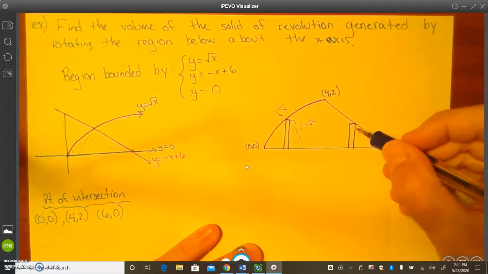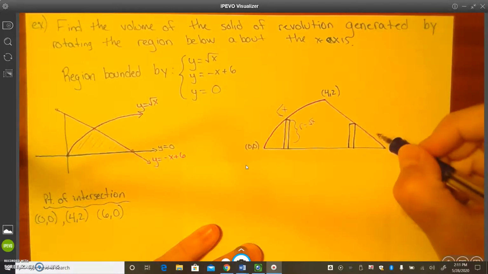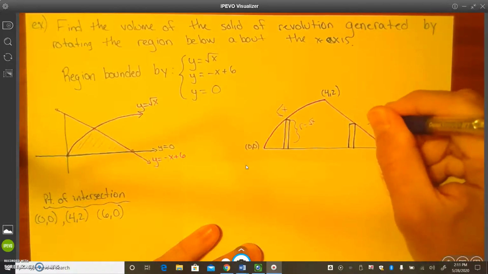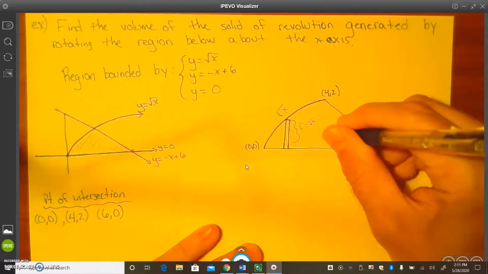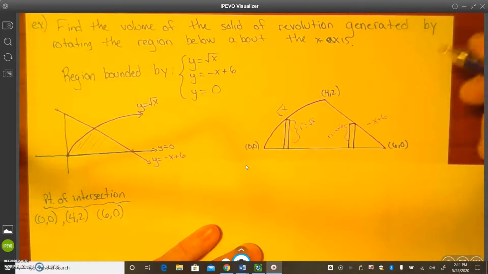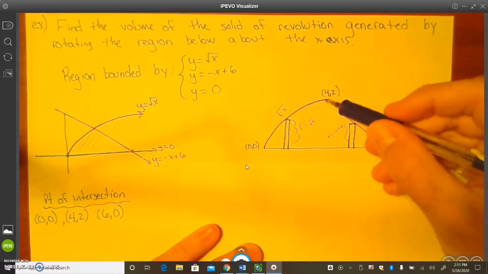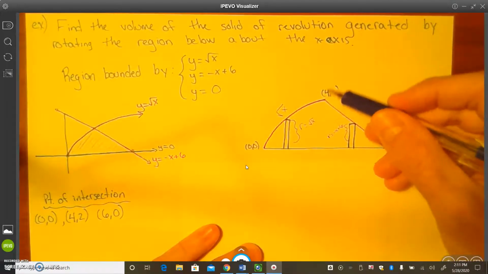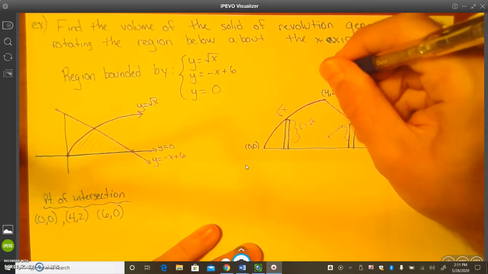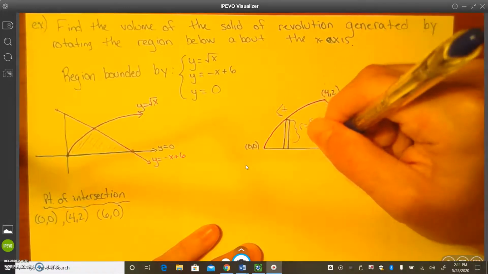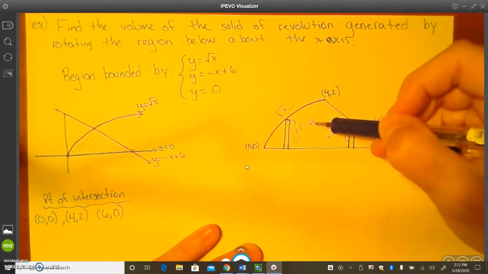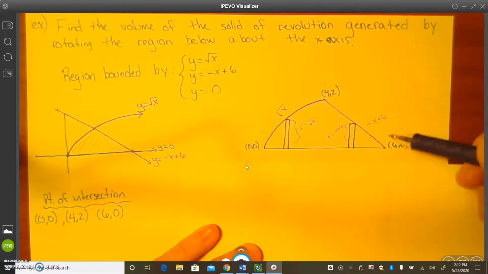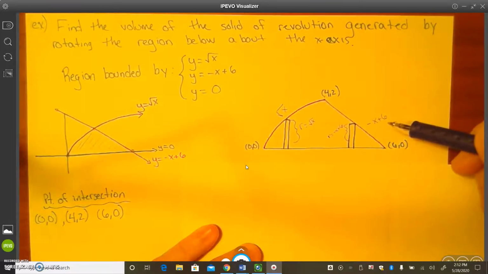Over here, though, the upper part would hit the curve negative x plus 6, which means that radius is different: negative x plus 6. In fact, everywhere to the left of this intersection point at 4, 2, the radius is the square root of x. Everywhere to the right, the radius is negative x plus 6.